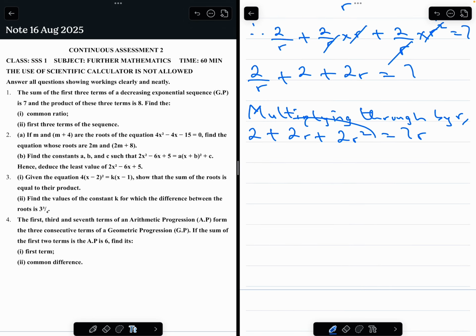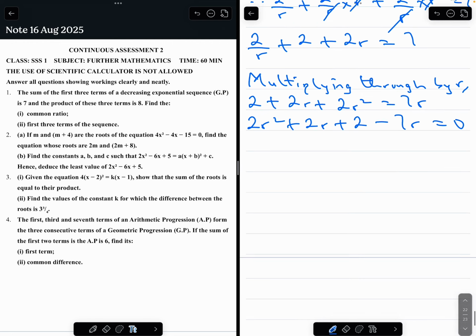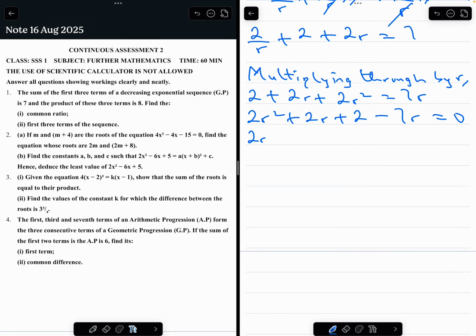And if I rearrange what's on the left hand side, it will become 2R squared plus 2R plus 2. Now I'm bringing 7R to the left hand side, and it will become minus 7R, and I'll be left with 0 on the right hand side. 2R minus 7R is minus 5R. So I'm going to have 2R squared minus 5R plus 2 equals 0.